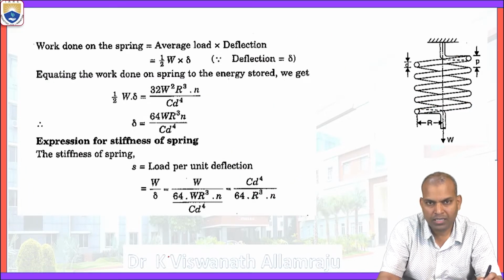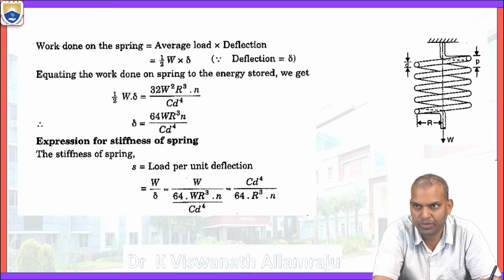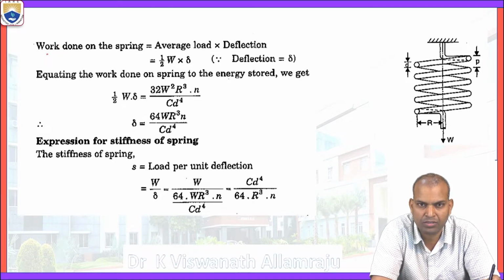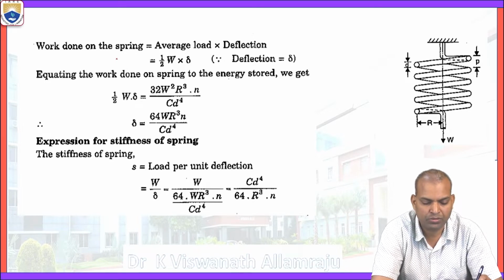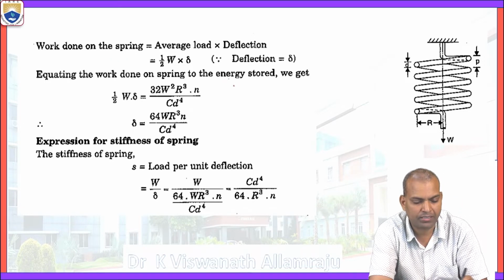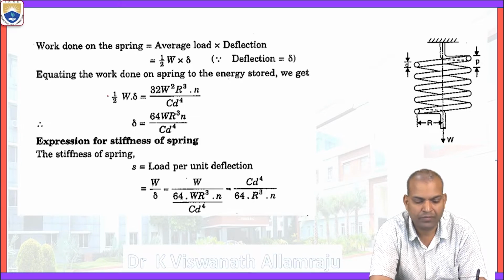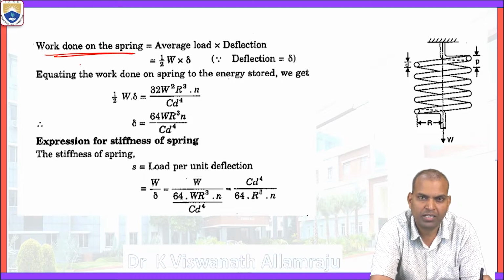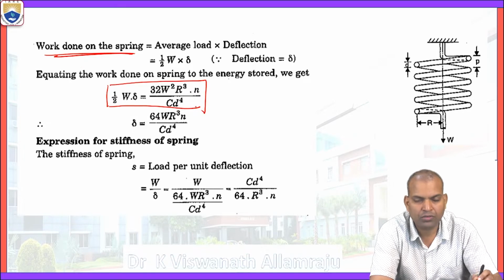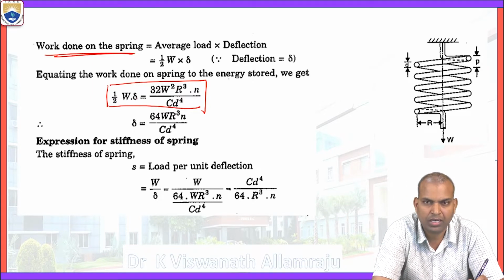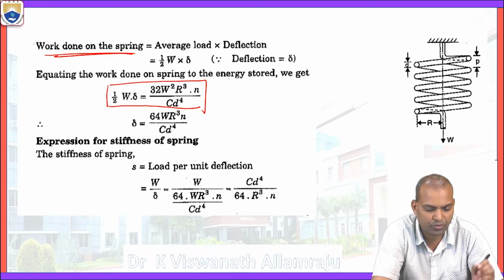Now, what is the work done on the spring? Whatever energy is stored in the spring, the work done on the spring equals average load times deflection, that is half of W times delta. Now equate the work done on the spring and the strain energy stored in the spring. That is half of W delta equal to 32 W square R cube n by C d power 4.